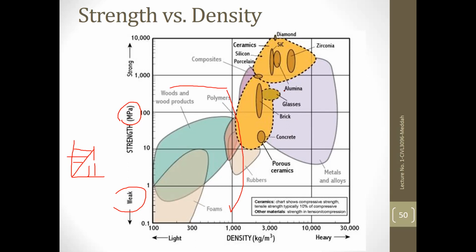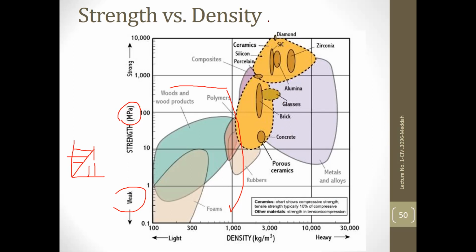Then you go to the area of ceramics. So it's quite a medium density, and you see that the strength is increasing in this area compared to the area of the polymers. Then lastly, you go to the area of what we call metals and alloys.